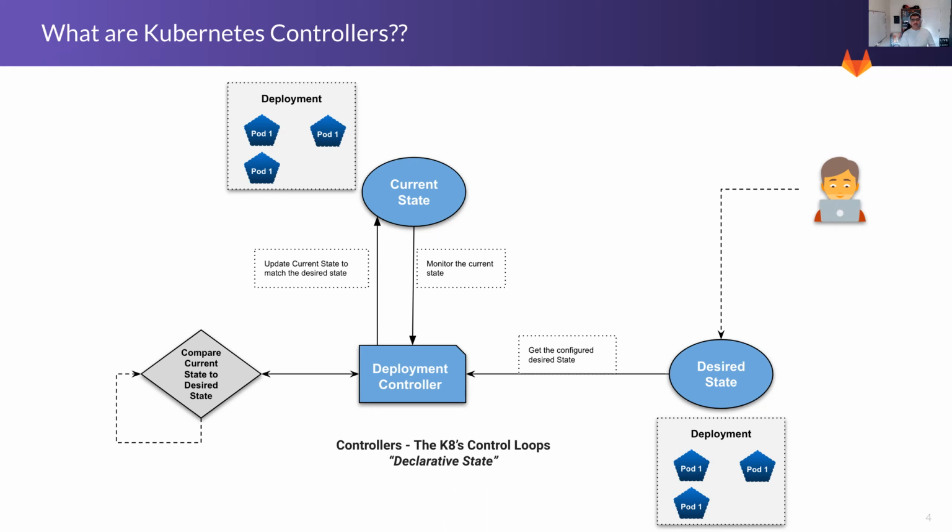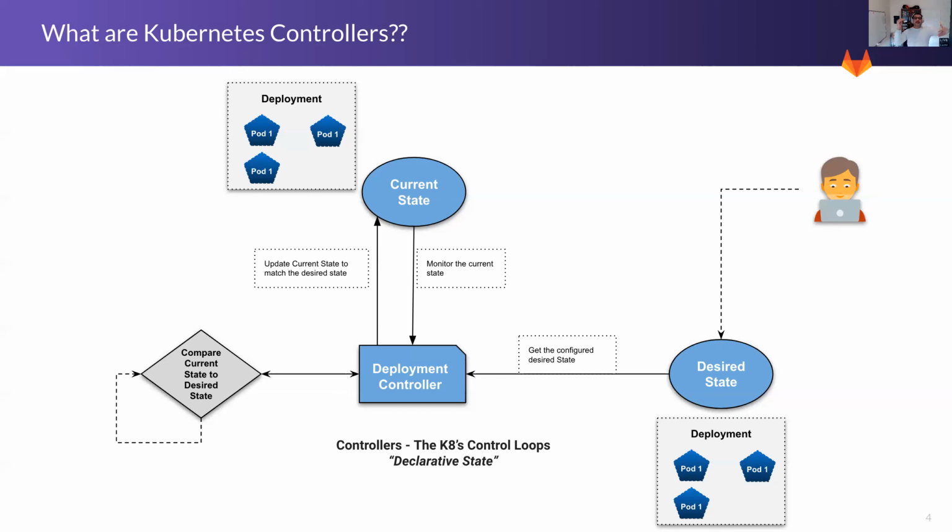In our example on the right, I have three pods. The controller's job is to keep comparing that object spec field, which represents the desired state, with the actual state of that object inside the Kubernetes cluster.